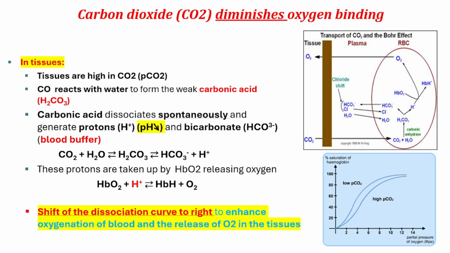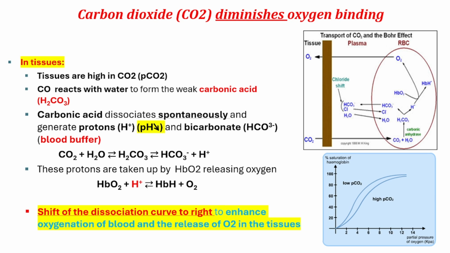We want to know what's happening, how this CO2 is taken and how the oxygen is delivered. So CO2, here in the tissue, comes to the RBC. The RBC takes the CO2. Inside the RBC, the CO2 combines with water and forms what we call carbonic acid, H2CO3.